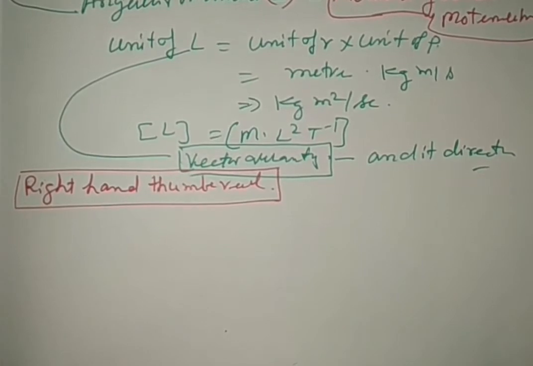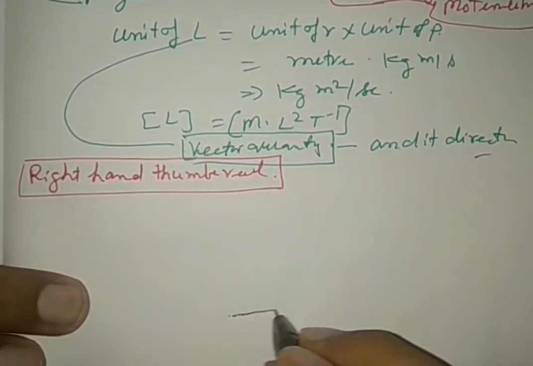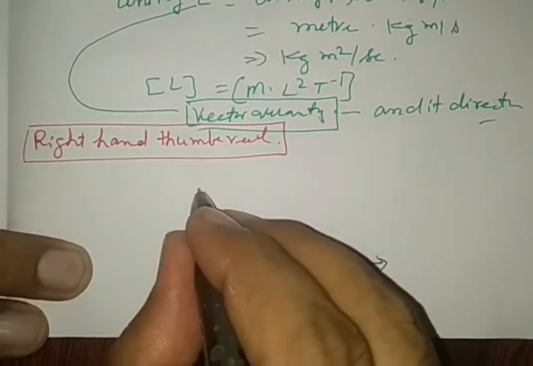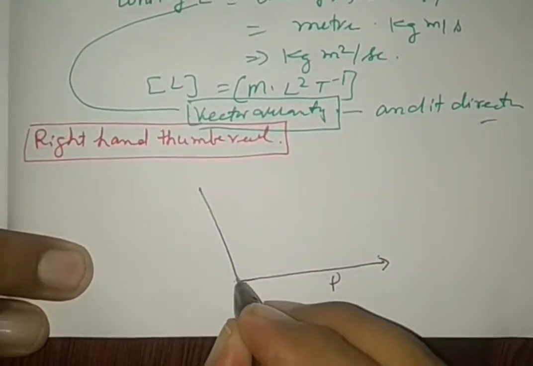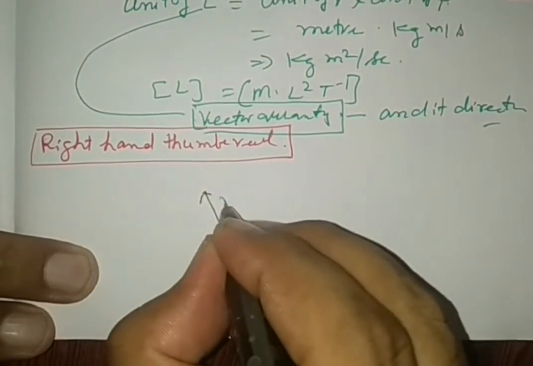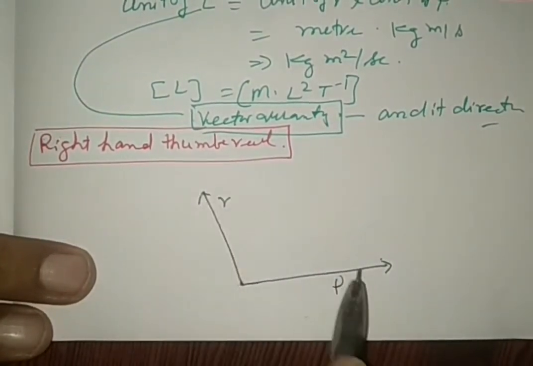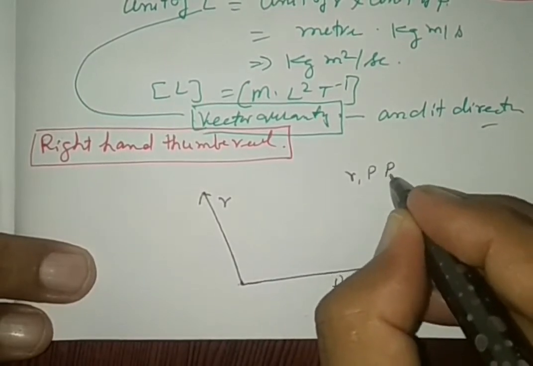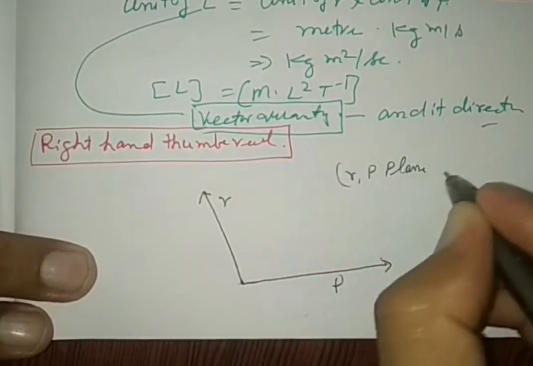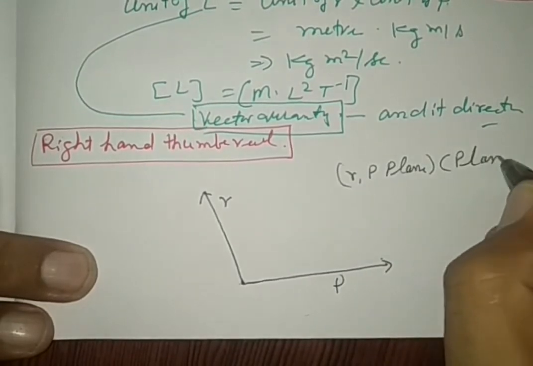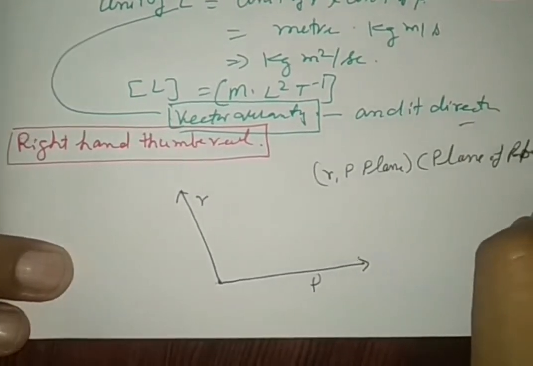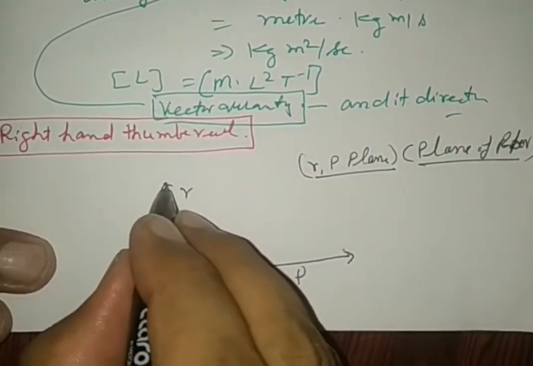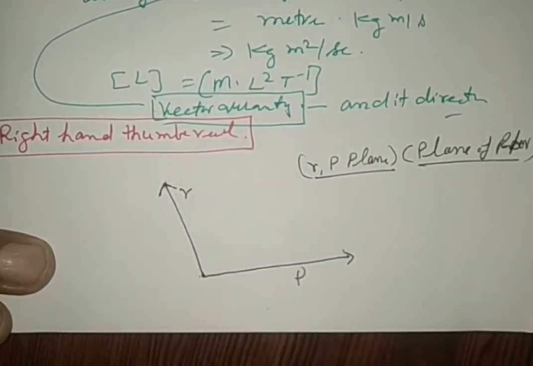Let it be momentum vector P and position vector R. So here the plane of paper is called the RP plane. RP plane is, here in the diagram, plane of paper. Right? See, in the plane of paper it is R cross P.